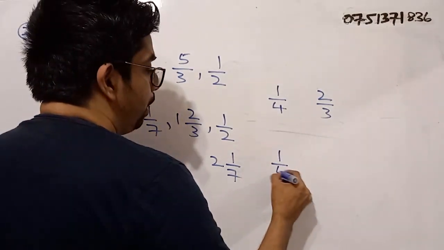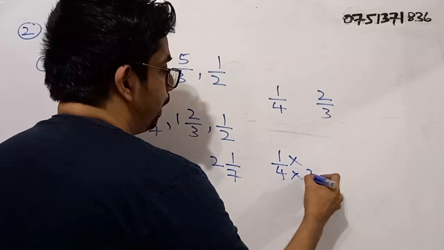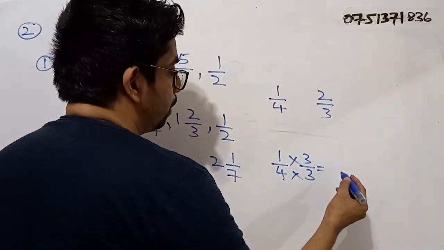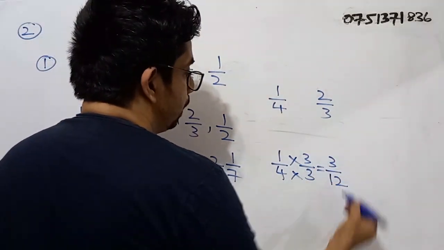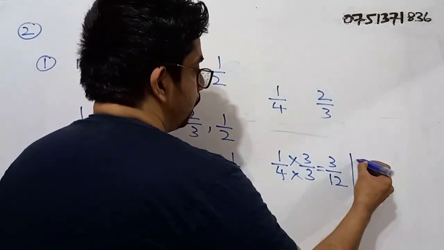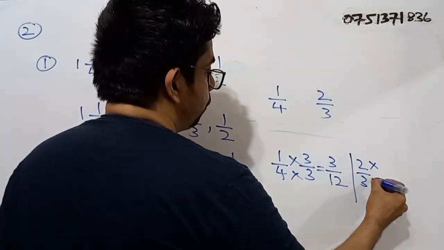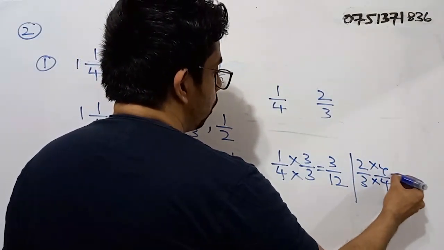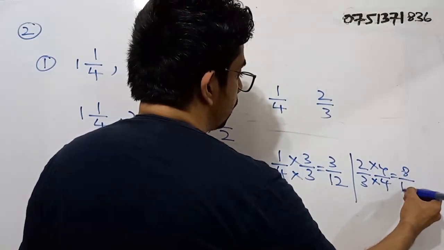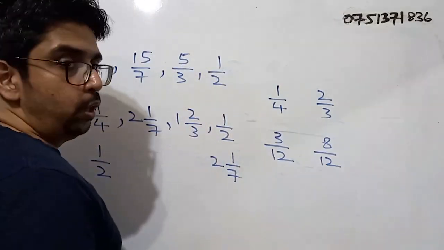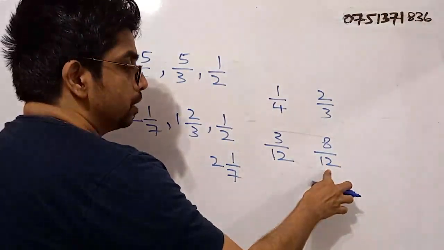So 1 by 4, I will have to multiply both numerator and denominator by 3. So this becomes what? 3 by 12. And 2 by 3, I will have to multiply both numerator and denominator by 4. So this becomes what? 8 by 12. Now what do we have to compare? These 2 fractions.